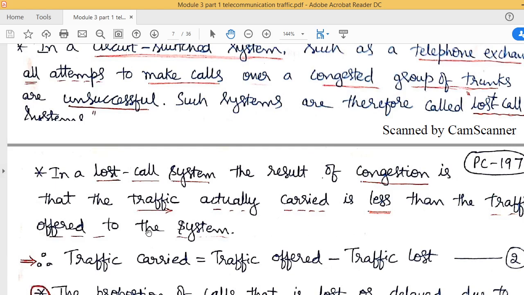It is clear that traffic offered also depends on the congestion scenario. If the traffic offered is more than the traffic that can be carried by a system, we will observe congestion, or traffic loss. So this traffic loss should be minimized.